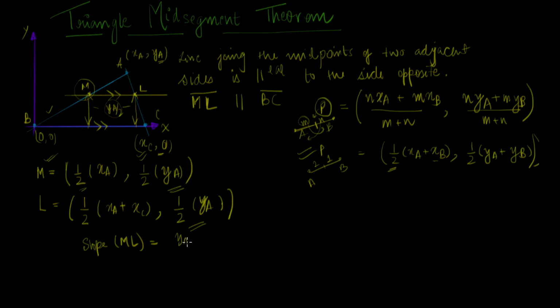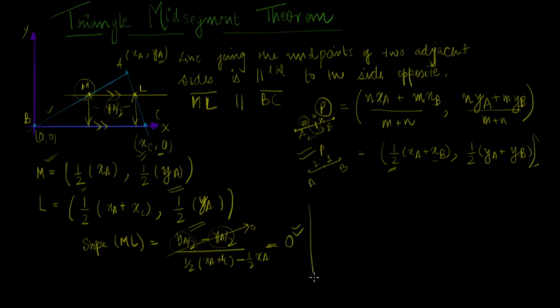So we have y_A by 2 from L and y_A by 2 from M, divided by half of x_A plus x_C minus half of x_A. Now you notice that because both of these are the same, as both of them are at the same height, the numerator goes to 0, so we really don't care what the denominator is. All we know is that the slope is 0.